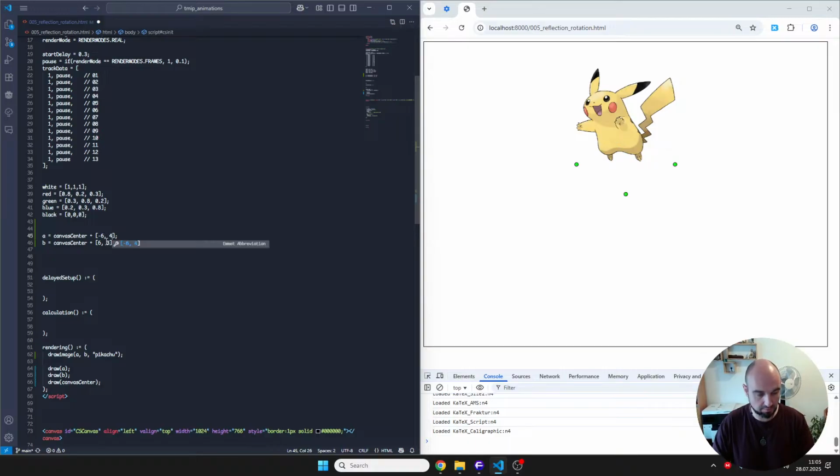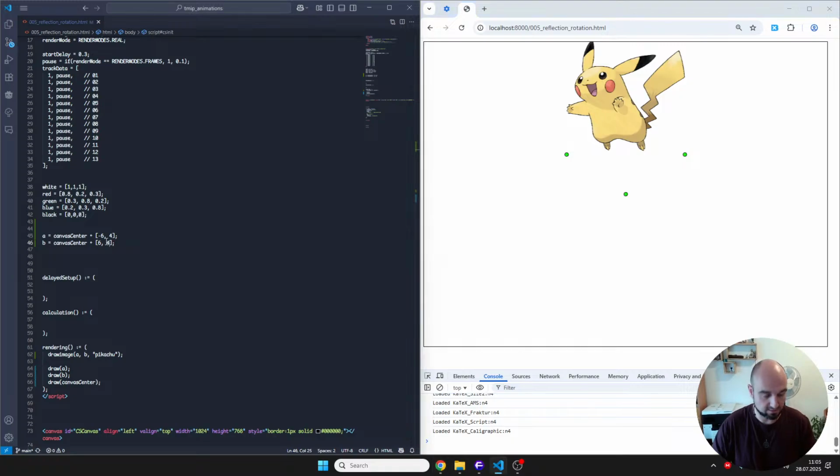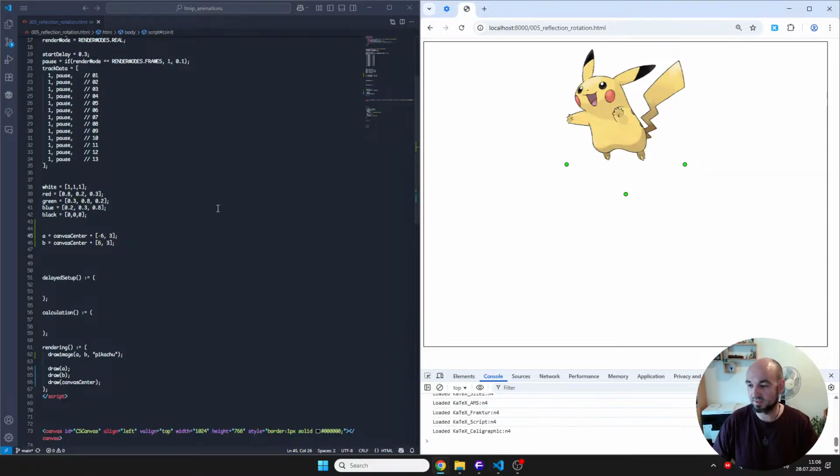And move them up a little bit more. Oh yeah, okay. So this is our Pikachu image, or the first one. I think we will have copies of the image.